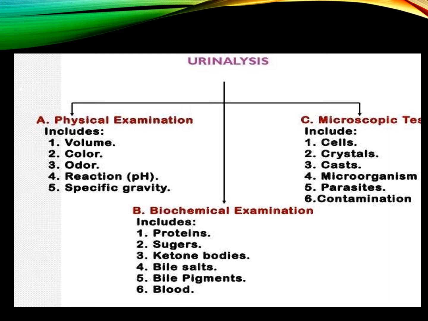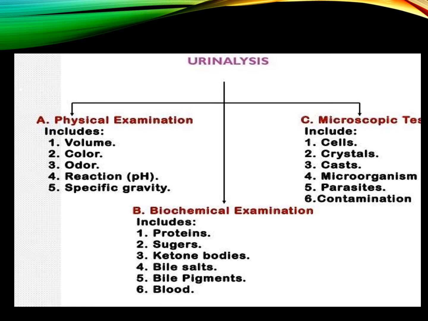Here we can see a diagrammatic representation which shows the classification and its subdivisions for urine analysis. Urine analysis is mainly classified into physical or macroscopic examination, biochemical examination and microscopic examination. The physical examination includes testing the volume, color, odor, pH and specific gravity of urine.